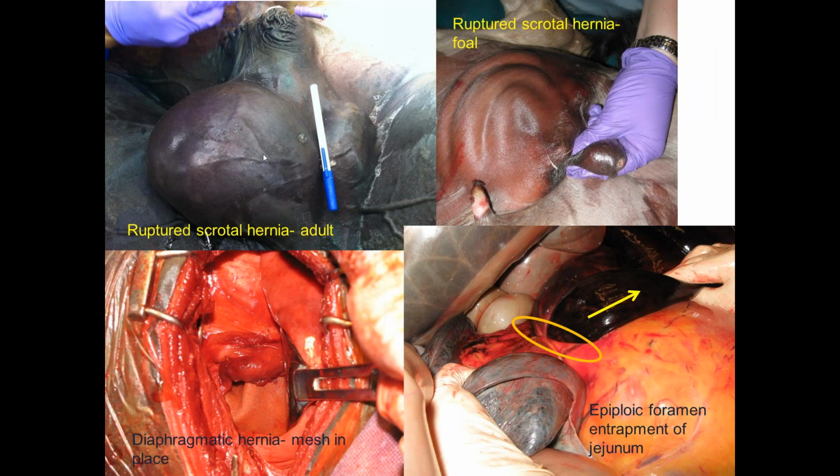This is a Friesian, this is obviously a stallion. You can see massive scrotal enlargement here. This was a ruptured scrotal hernia in an adult. This is always a surgical emergency, okay? Especially if you have any kind of desire to preserve the breeding function of that stallion.